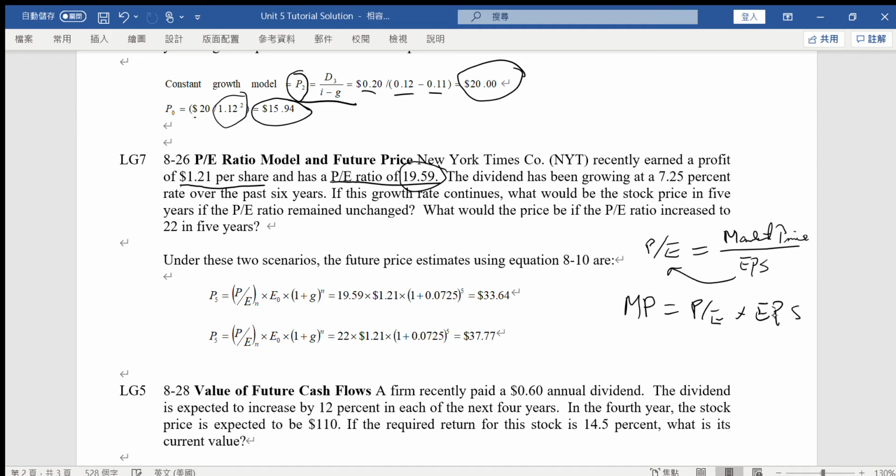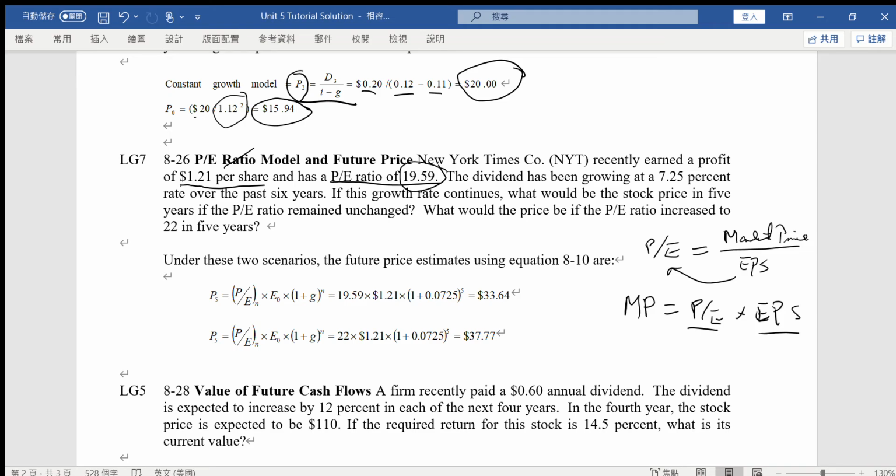This is a long figure, 19.59, and it's given. What is different is that currently, in year 1 end, it gives $1.21 in earnings per share.